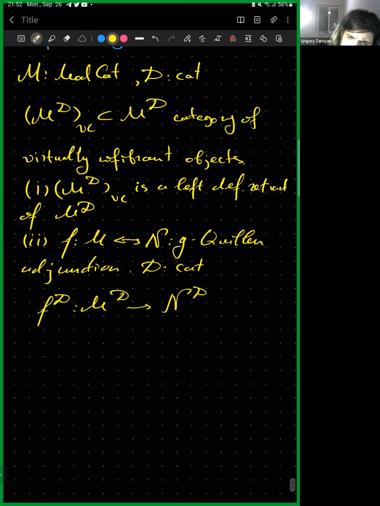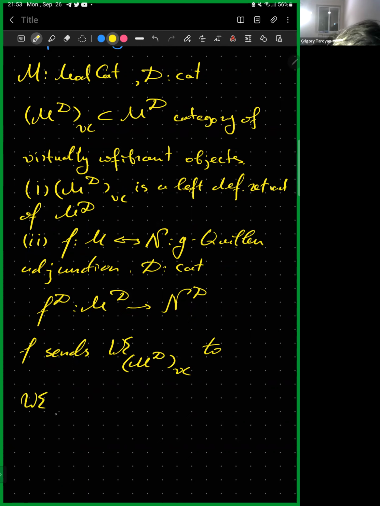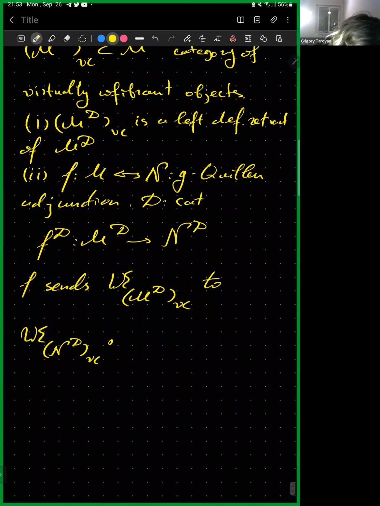And as it turns out, F sends weak equivalences inside of the subcategory of virtually cofibrant objects to weak equivalences inside of the subcategory of virtually cofibrant objects in M. That's another useful property.